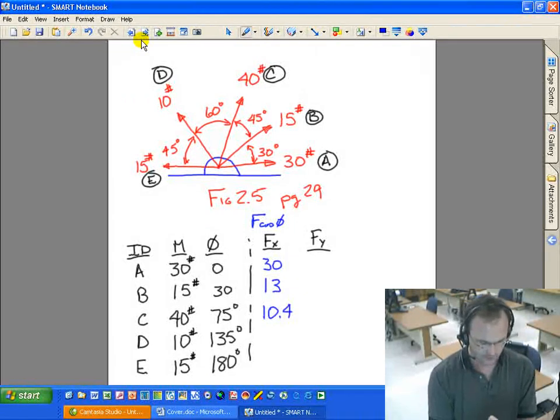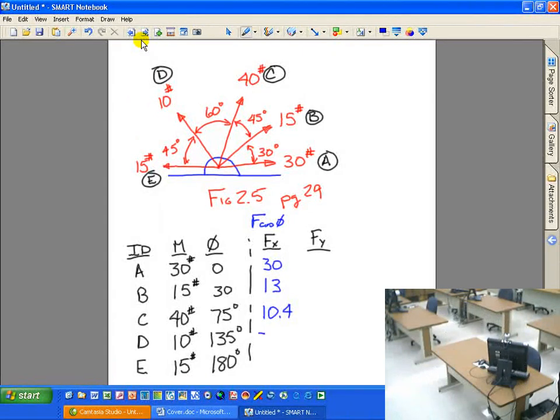And then 10 times 135 cosine gives me negative 7.1.